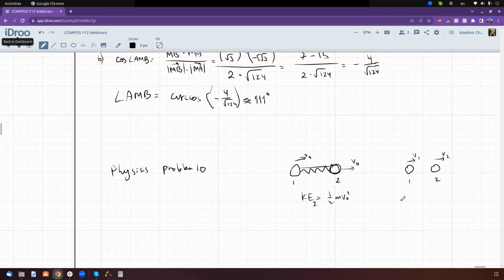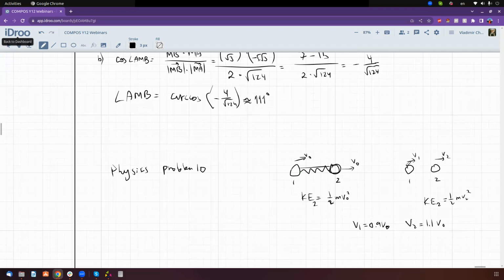The kinetic energy of the second ball is 1/2 mv2 squared, and it's increased by 21%. So v2 is 1.1 v0. And because they have the same mass, you can work out that v1 is 0.9 v0 because of conservation of momentum.